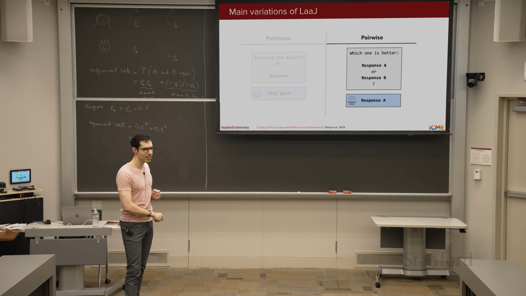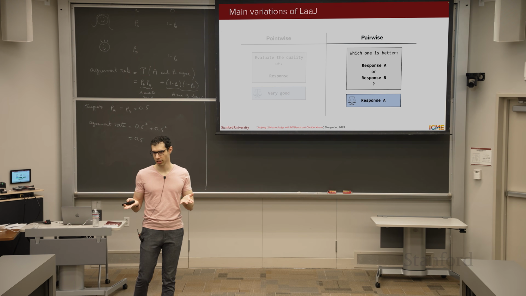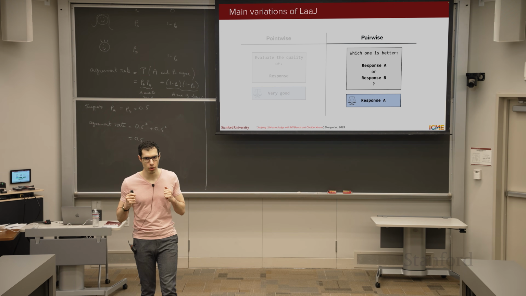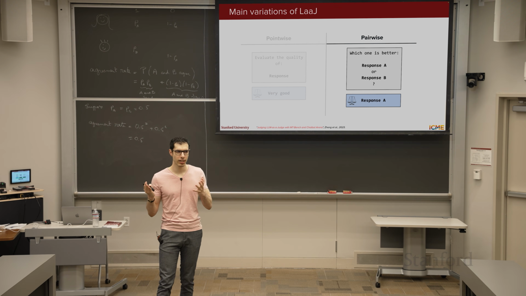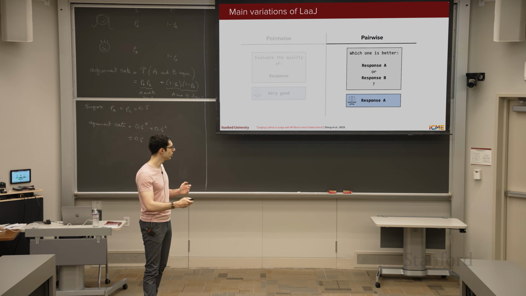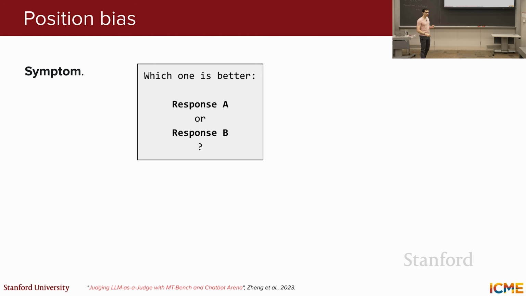Now let's see what can go wrong with our LLM-as-a-judge. Let's think of the possible kinds of failures we can encounter. The first one is called position bias. As the name suggests, it has to do with the order in which we present the responses to our model.